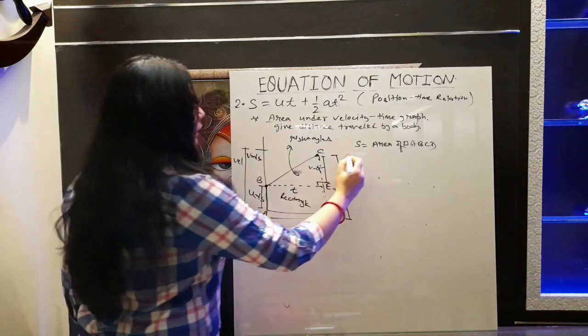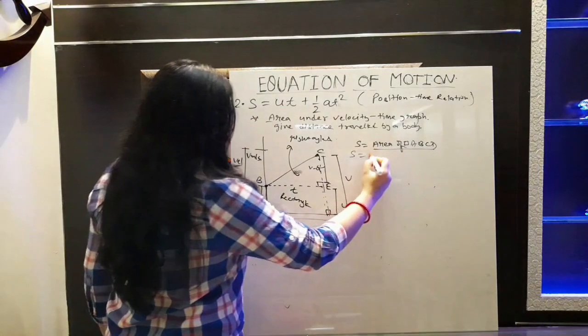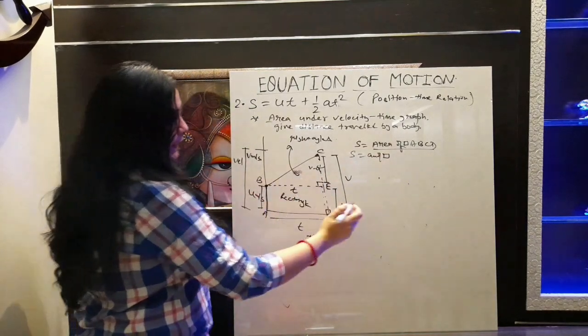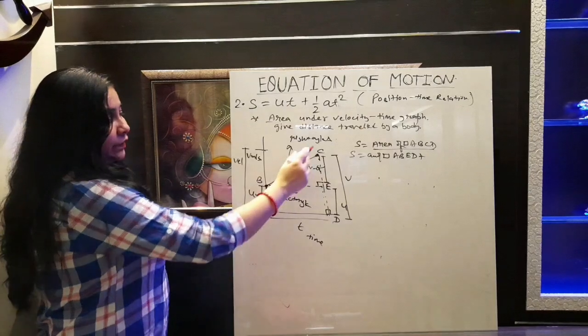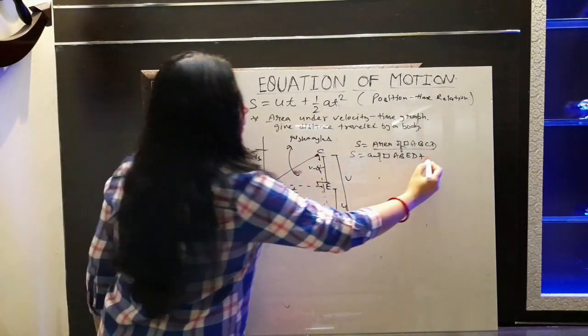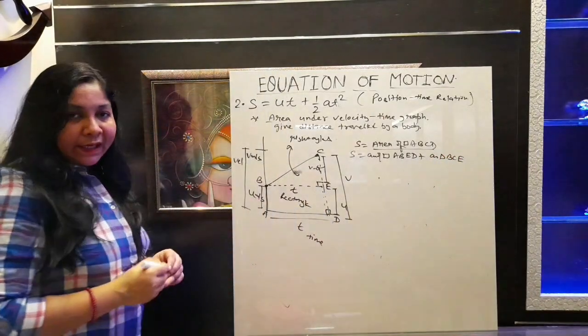So I am going to write that here. You can write this particular area as, see here, area of rectangle ABED plus area of this triangle BCE. Getting it?